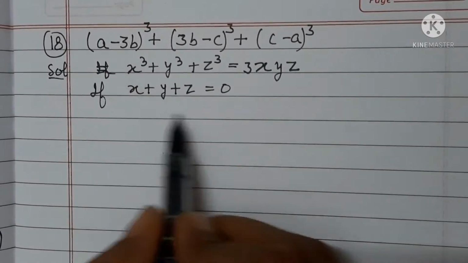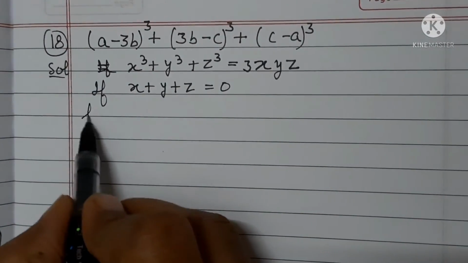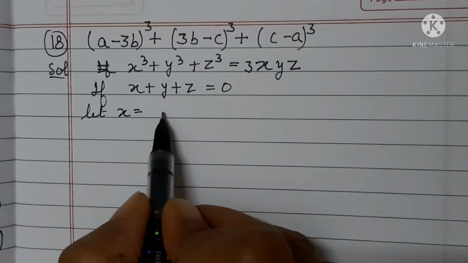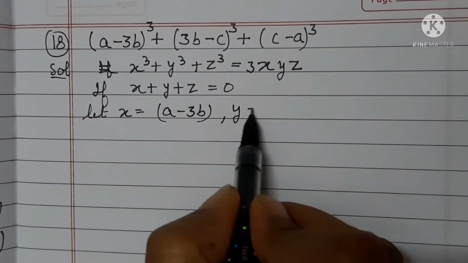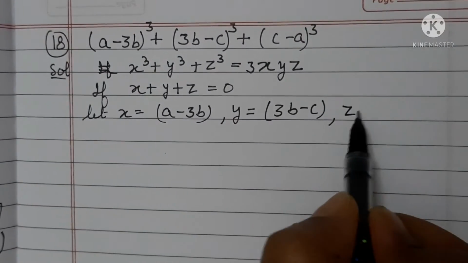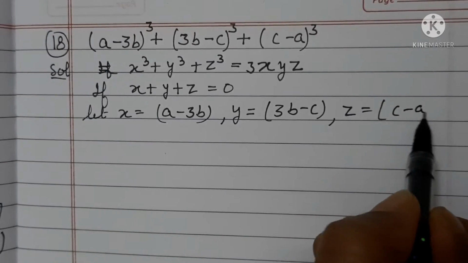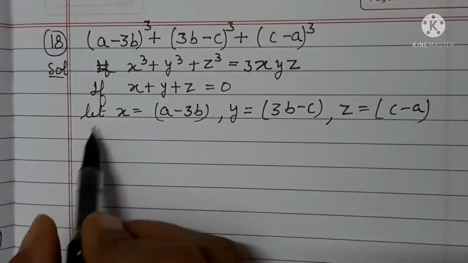We will use this concept. So here let x be equal to a minus 3b, y equal to 3b minus c, and z equal to c minus a. Now find x plus y plus z.